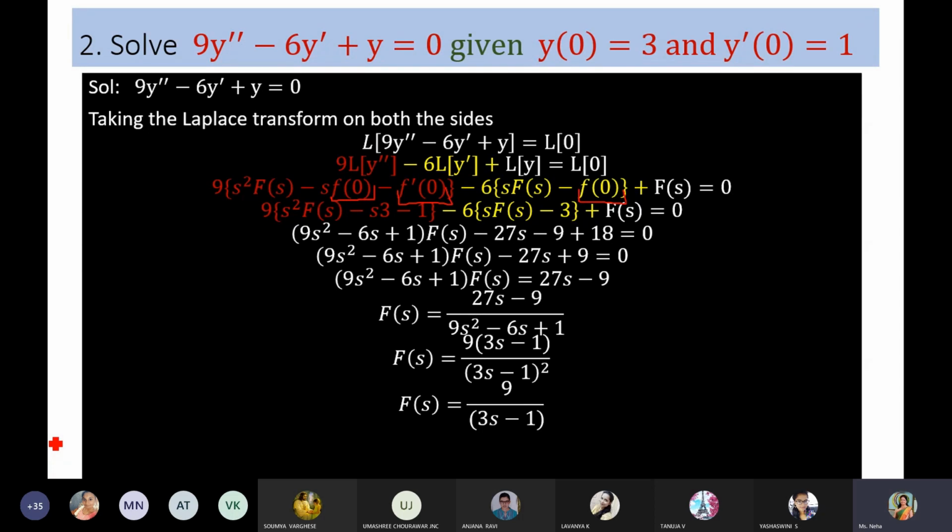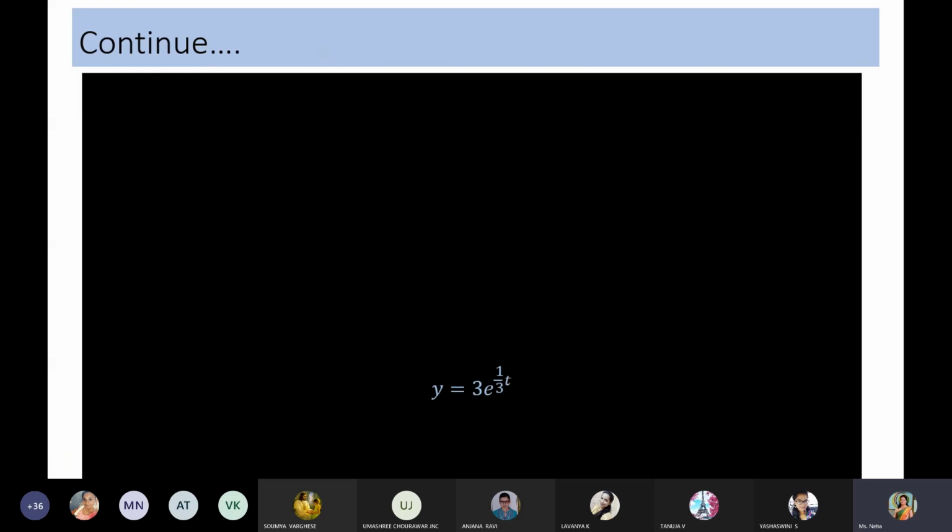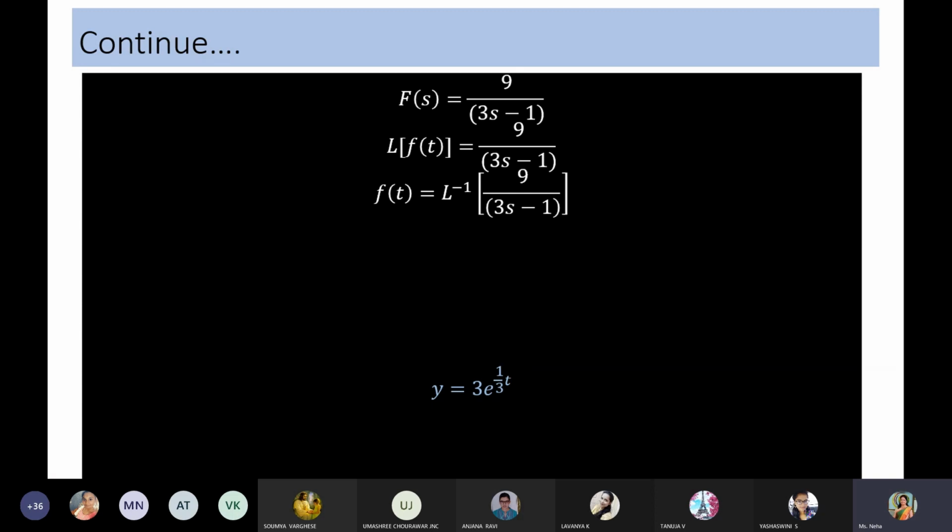Since you got your F(s), you will write your F(s) in terms of the Laplace transformation, which is L of f(t). Since we have to find f(t), L will go to the right hand side and it will become the inverse. Now you solve it and tell me what will be the answer.